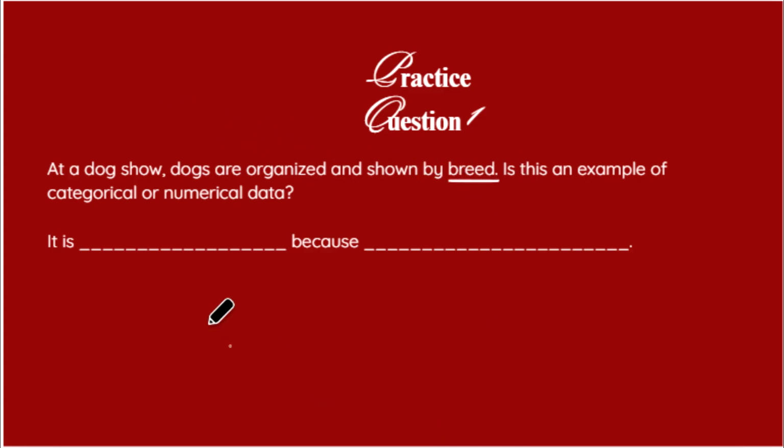Is that categorical or numerical? This is categorical because it's not numbers. This is things like Labrador Retriever, Great Dane. Categorical. And I'm not sure what your answer is going to be for this, but it'll be something along the lines of because it's not numbers or because it's a category, or you should be able to figure that part out.